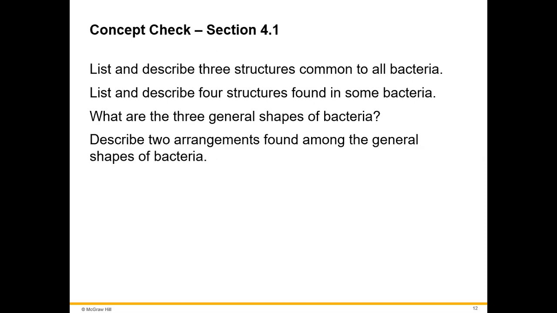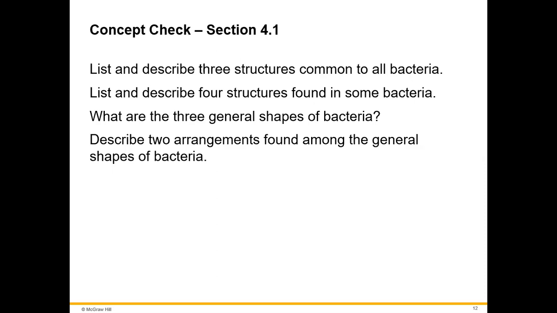List and describe four structures found in at least some bacteria. What would be some structures that a lot of bacteria have, but not necessarily all of them? What about the cell wall? Do all bacteria have a cell wall? No. Remember the Mycoplasma, very small bacteria, do not have a cell wall.